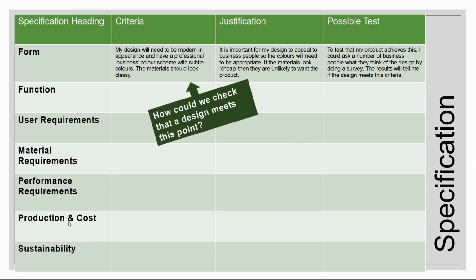So back in this table here, if I'm talking about production, right? If I've said my design must be suitable for batch production, produce with numbers between, let's say, 250 and 500 in a batch, well, how am I going to prove that it's suitable?